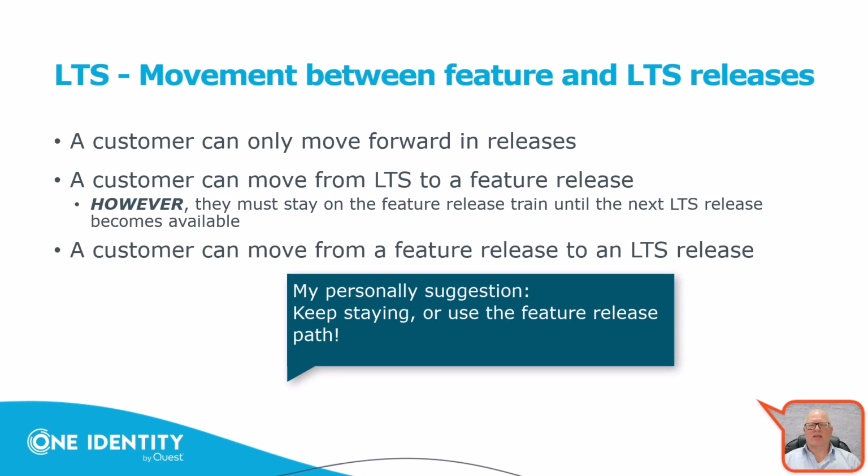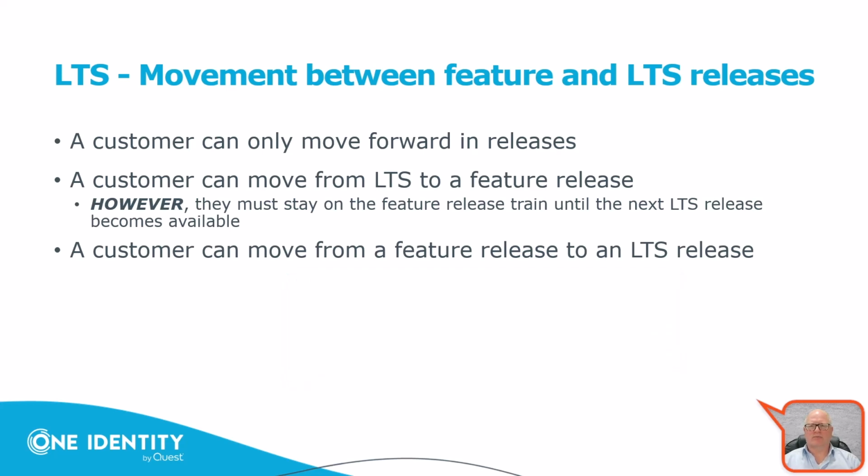In enterprises, where new features are always adopted and of interest, it is hard to follow the LTS path even if you do not have an on-demand release. Knowing all of that, again, my suggestion is to follow the feature release path, but of course you know now the pros and cons and can make your own decision.